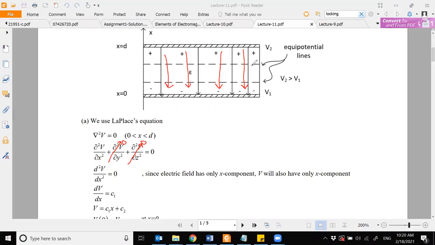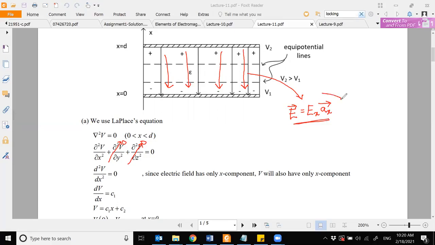Once I know the electric field, I can identify what components it can have. The electric field in my case has only one component, the x component.